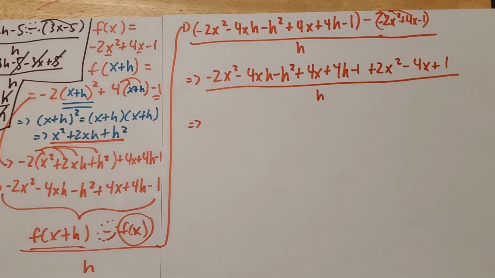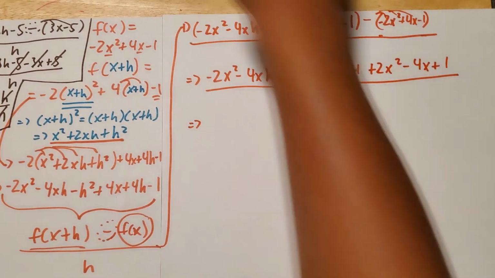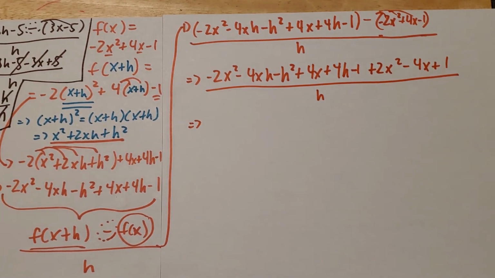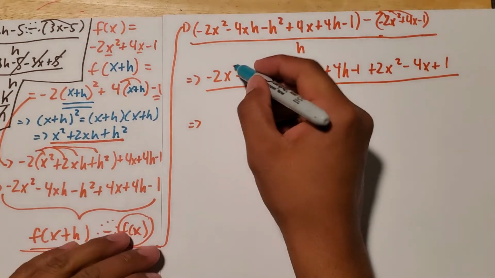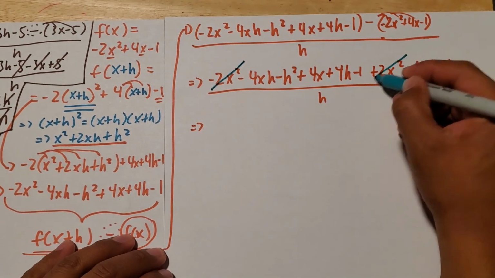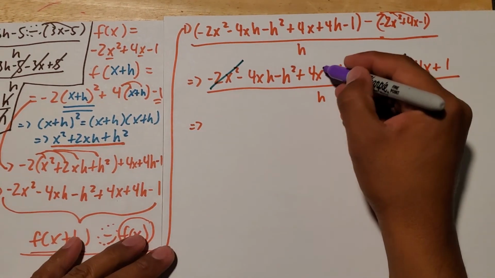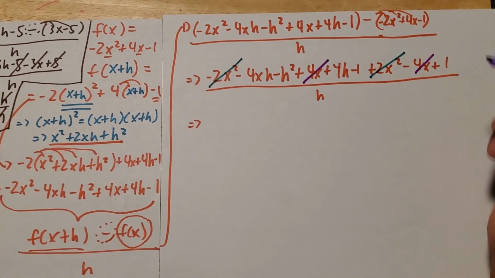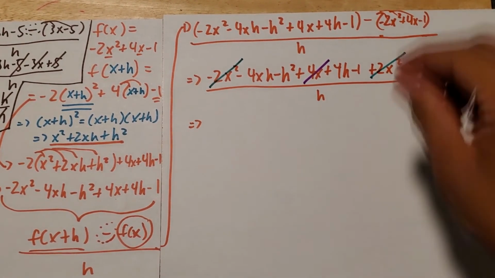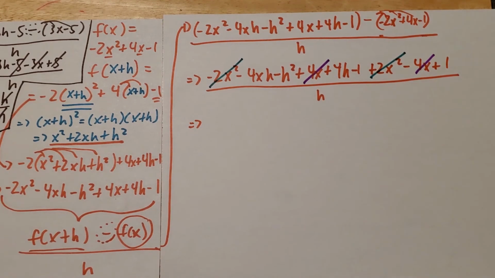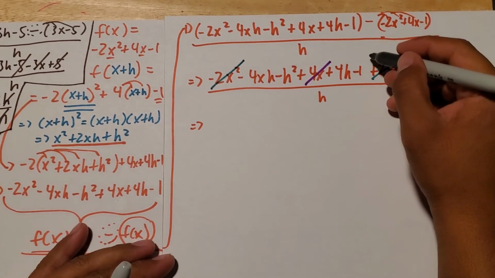Now, just like the last one, I have to see if anything cancels out or if I can simplify anything. So right away, I notice that the x squareds can cancel. I also see that the 4x can cancel, and my negative 1 could cancel.